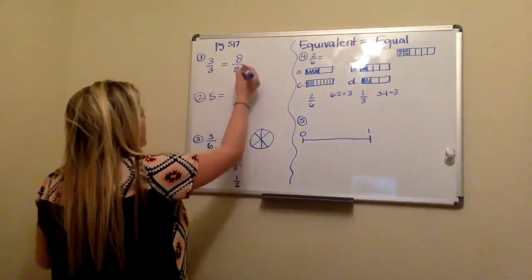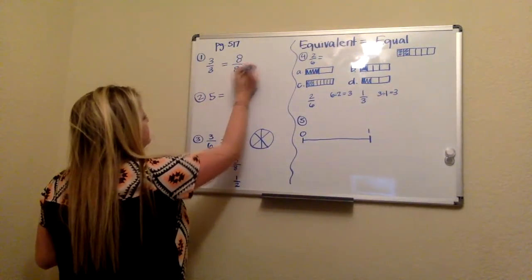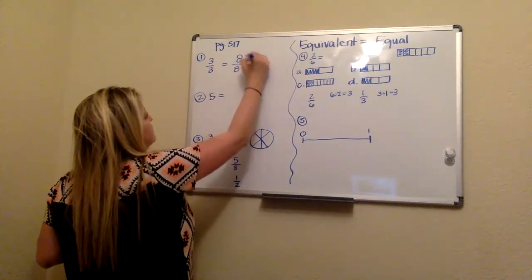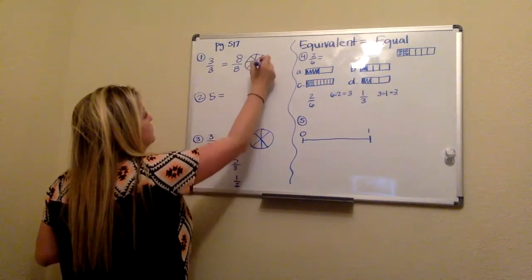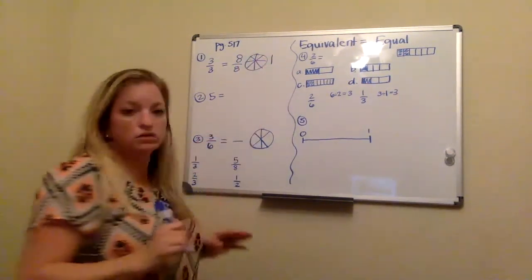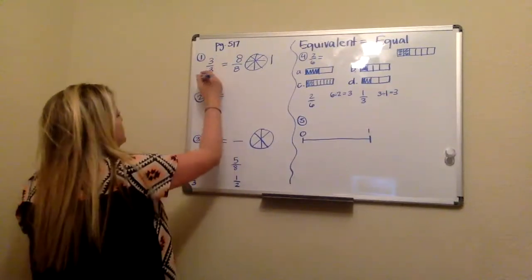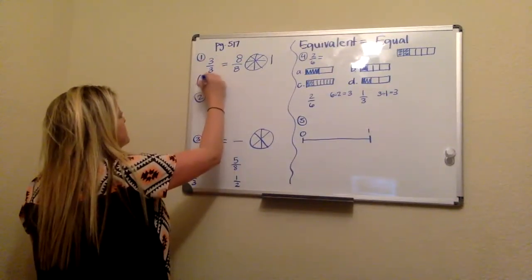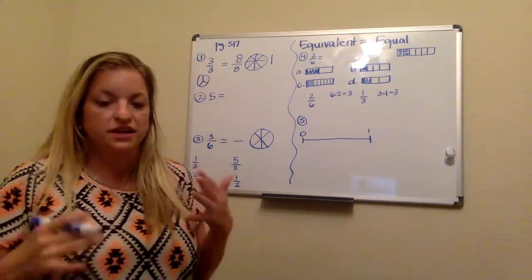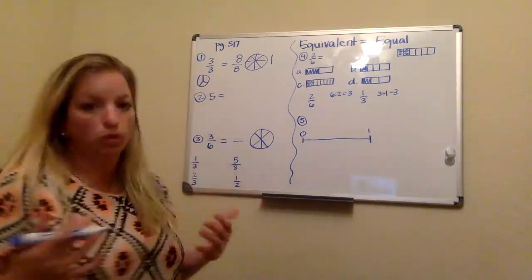Because if you have 8 pieces and 8 of those pieces are used, 1, 2, 3, 4, 5, 6, 7, 8, that is a whole. Same with 3/3. We break it down and all 3 of those thirds are being used, that is in fact 1 whole. So they are both correct.